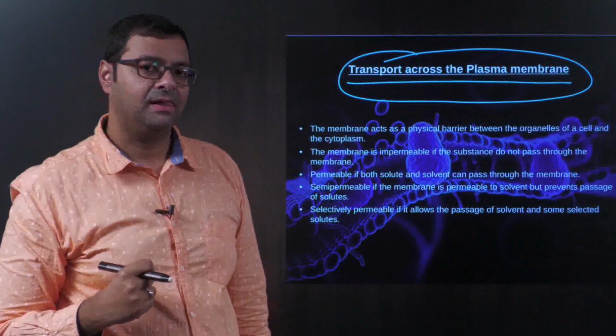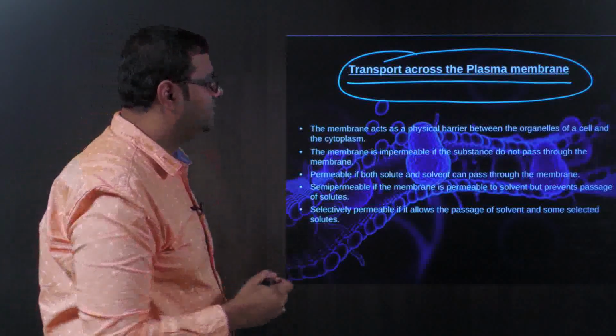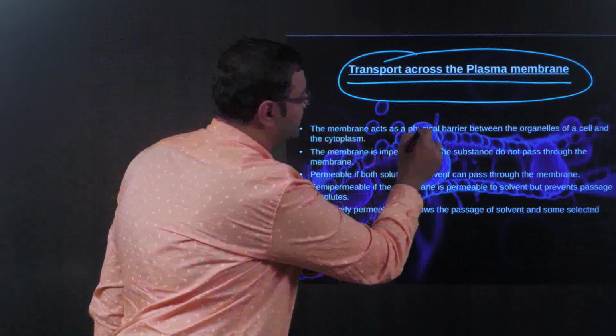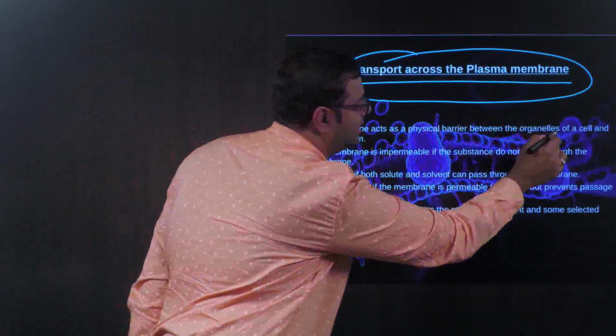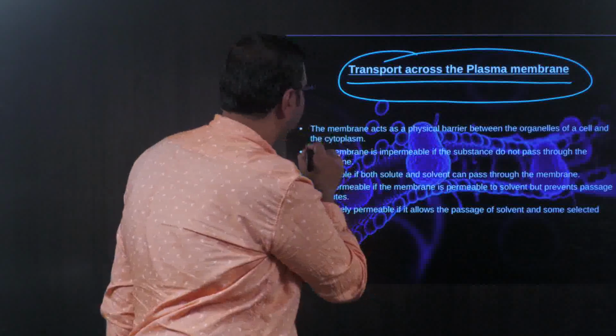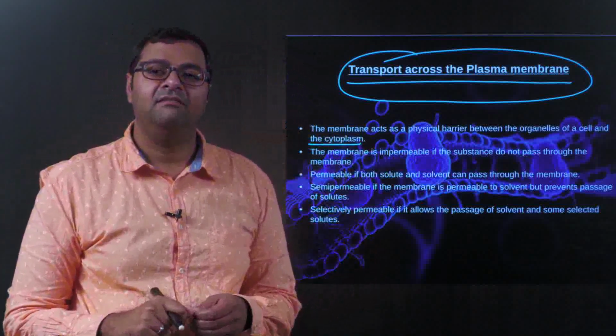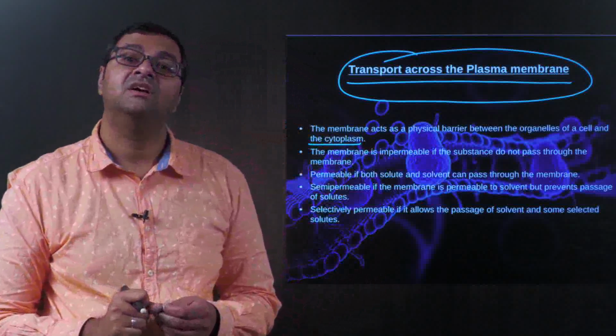All right children. Now in that, the first point is the membrane acts as a physical barrier between organelles of a cell and the cytoplasm. Now you know that each and every cell will have a cytoplasm of its own.